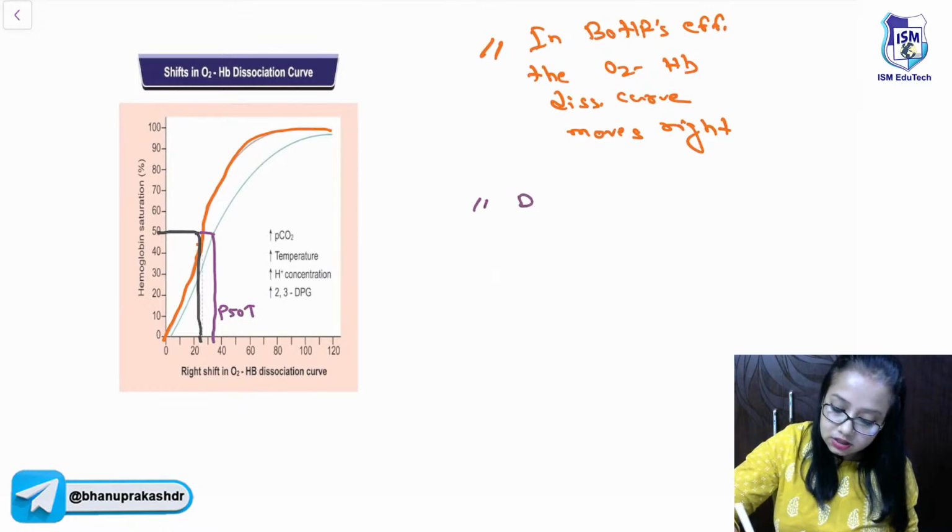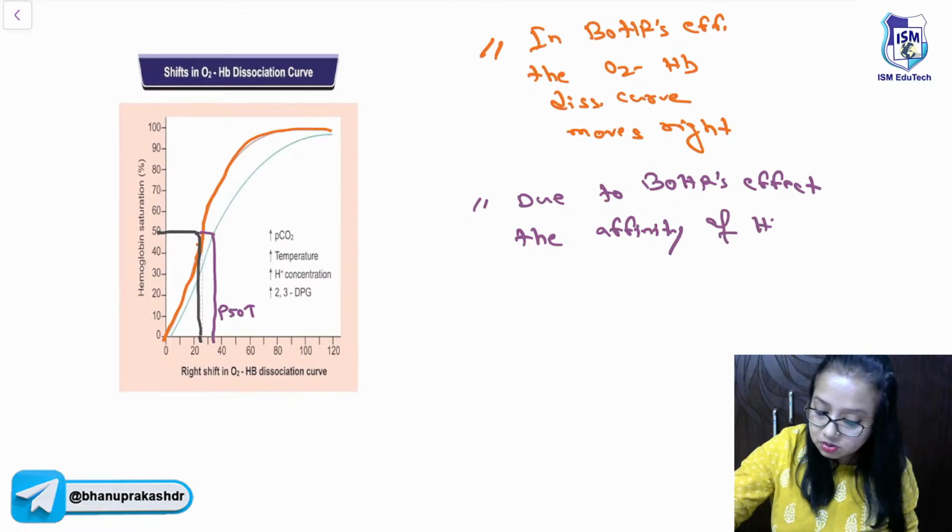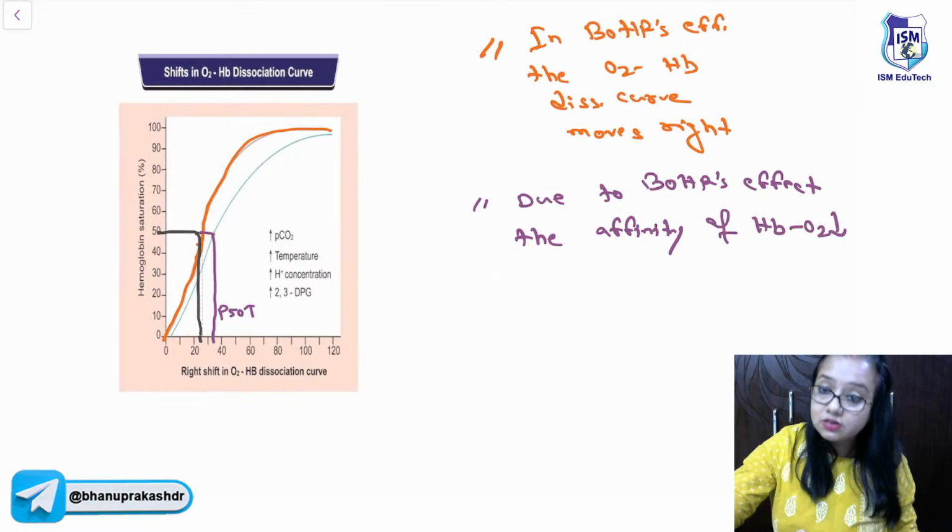So due to Bohr's effect, the affinity of hemoglobin and oxygen decreases, right? It decreases and P50 increases.